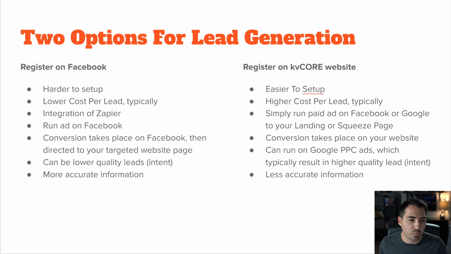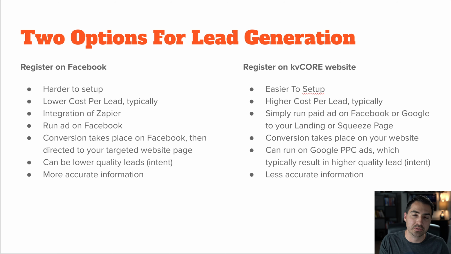You've got to look at what the intent is for somebody on Facebook. Somebody that is just on Facebook scrolling their news feed probably might not be looking at homes, right? But your ad might catch their attention and they might click and register. And that's some of the leads you'll get. You'll get some serious leads too, but just realize that that intent is a lot different than somebody on Google pay-per-click typing in, homes for sale in 78258.